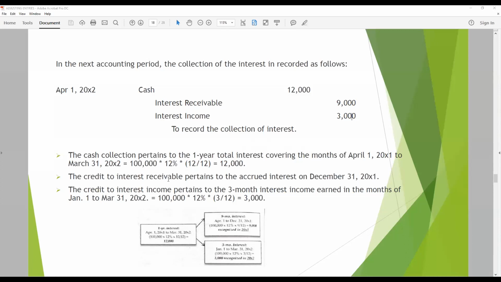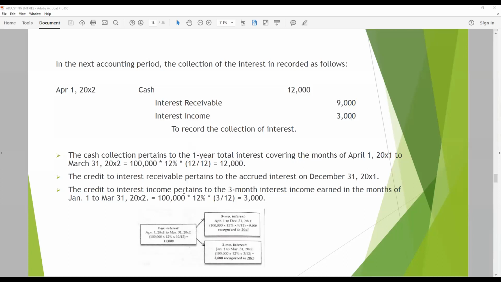The credit to interest receivable pertains to the accrued interest on December 31. Since you have received the interest receivable that we recorded on December 31 when we adjusted the books, we now credit the receivable.